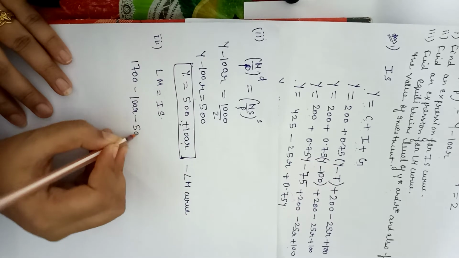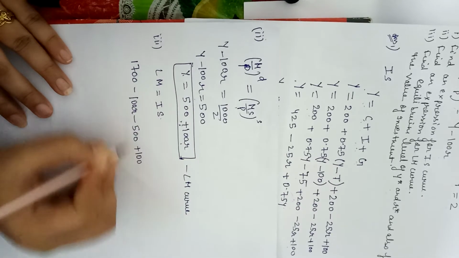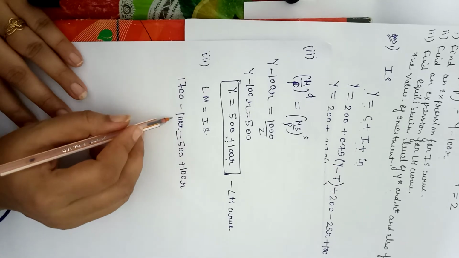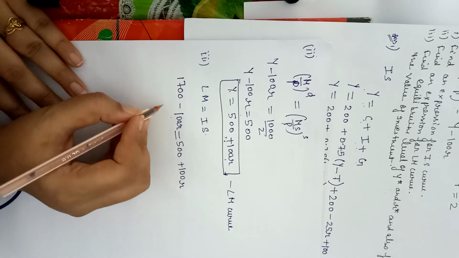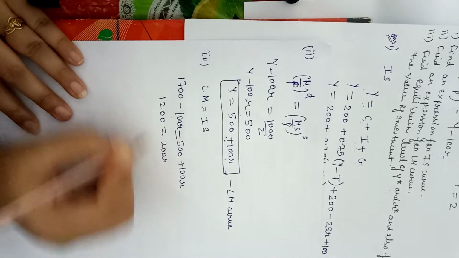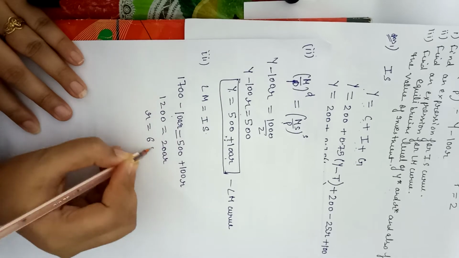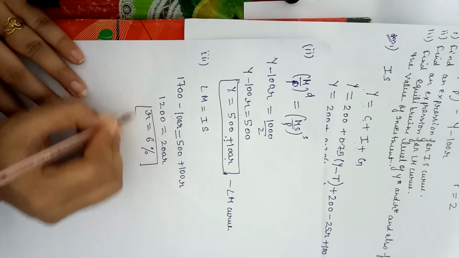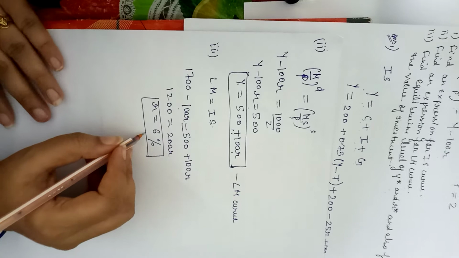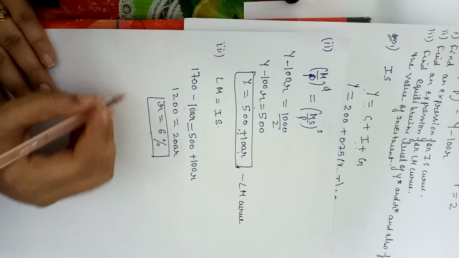So now we will substitute this here, and now we will calculate the value of R from here, which is 6. That means our equilibrium rate of interest is 6%.